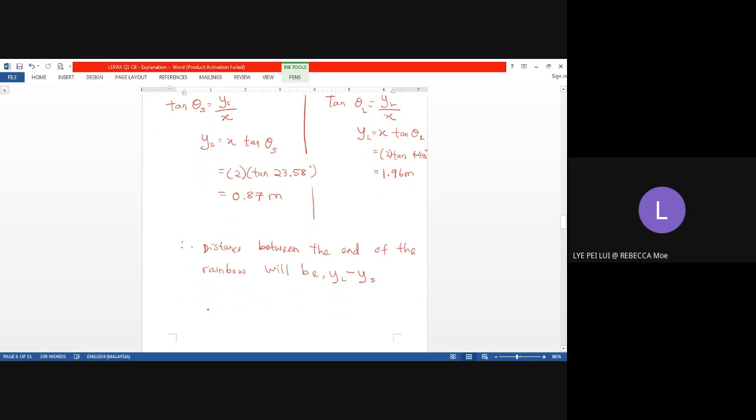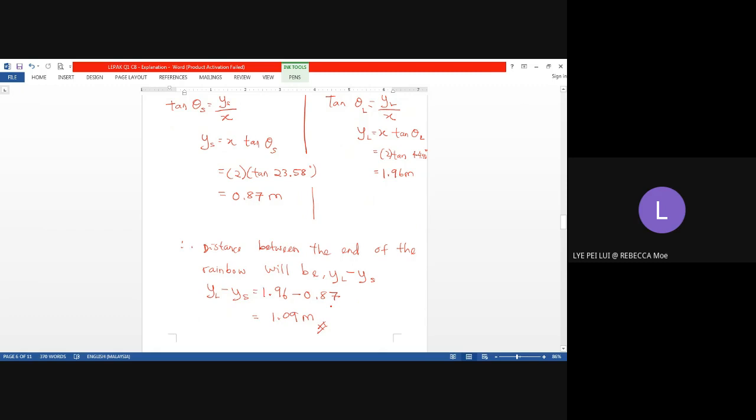So you can put it like this: yL minus yS equals 1.96 minus 0.87. So we get 1.09 meter.